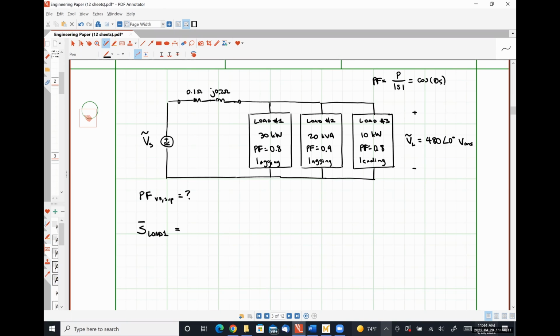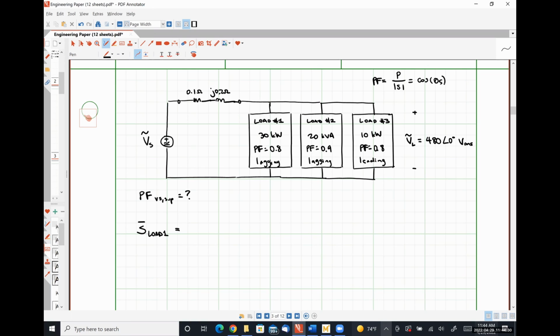So if we know average power and we know power factor, we can solve for apparent power and power factor angle, which completely defines the complex power absorbed by load 1, right?